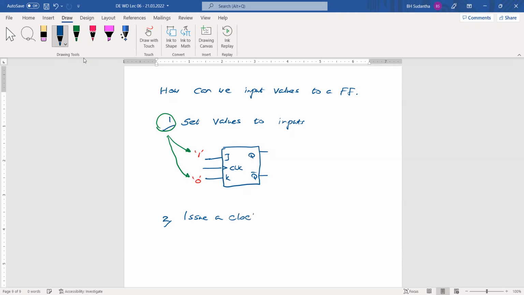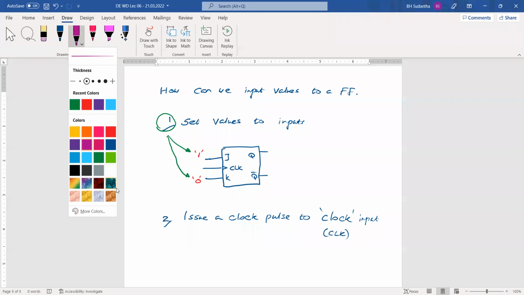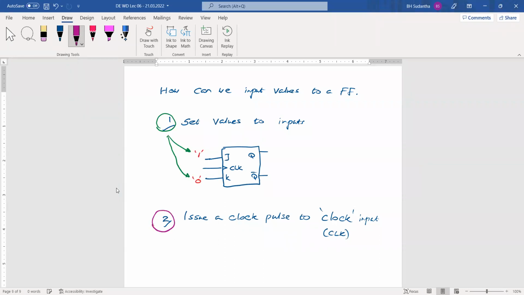issue a clock pulse to the clock input. This clock input means CLK input. This is the second step.